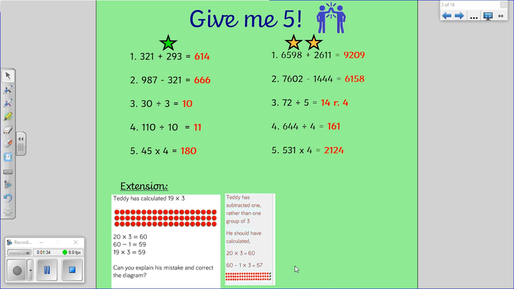So the answer to the extension is that Teddy has subtracted 1 rather than one group of 3. He should have calculated 20 times 3 equals 60, 60 take away 1 times 3 equals 57. So well done if you spotted that mistake.